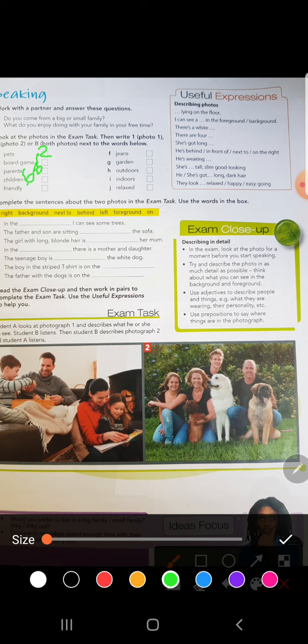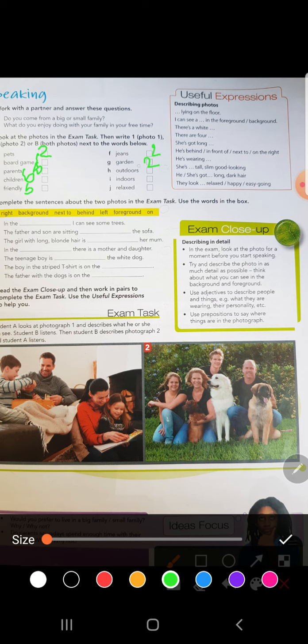Friendly, also both, they are friendly. Jeans, it's clear that in photo number 2, here we can find jeans. Okay, so we have here to write number 2. Garden, of course, in number 2. Outdoor, also number 2. The opposite of outdoor is indoor.